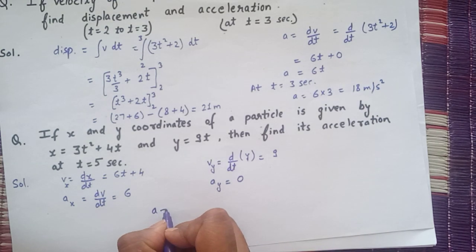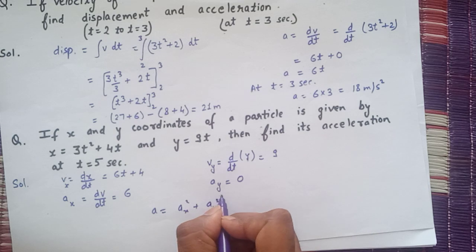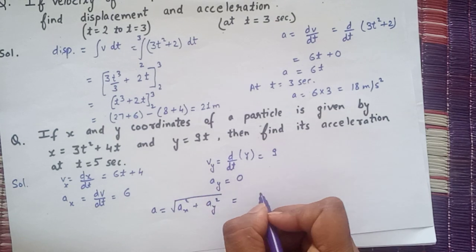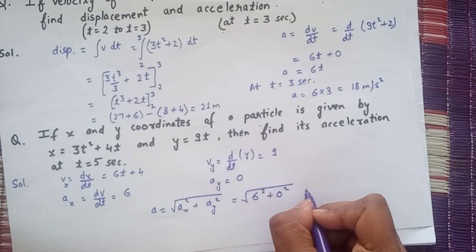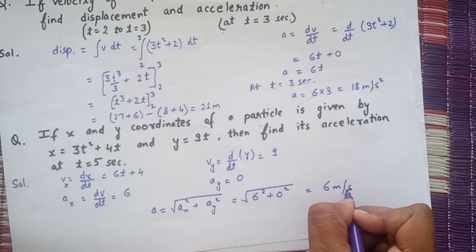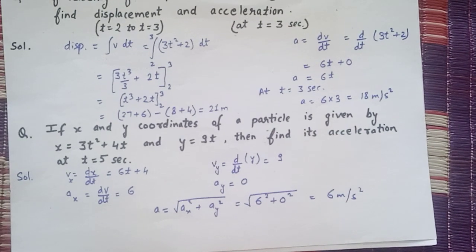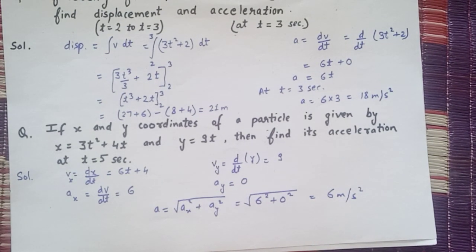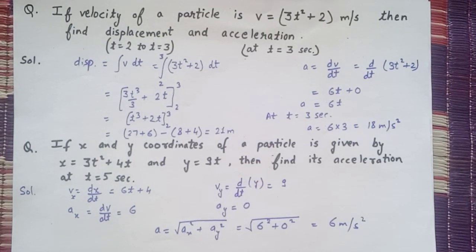Hence the net acceleration will be the square root of ax square plus ay square. So it will be square root of 6 square plus 0 square. It will be 6 meter per second square. So in this question, the final answer for acceleration is 6 meter per second square.